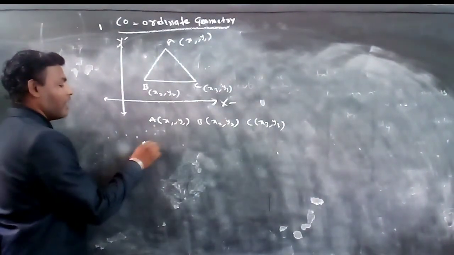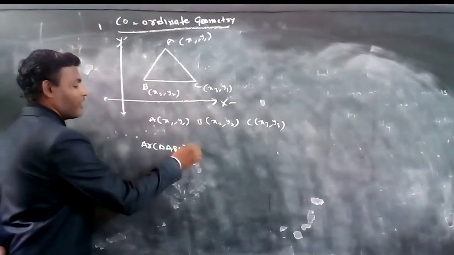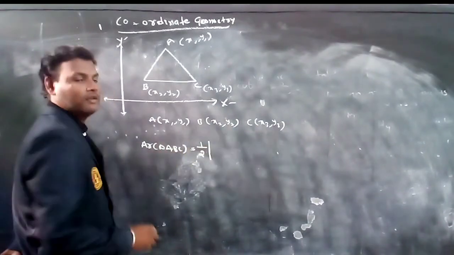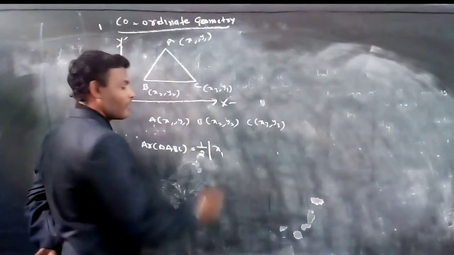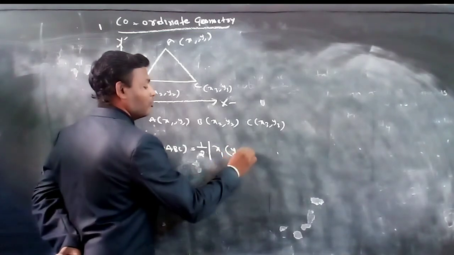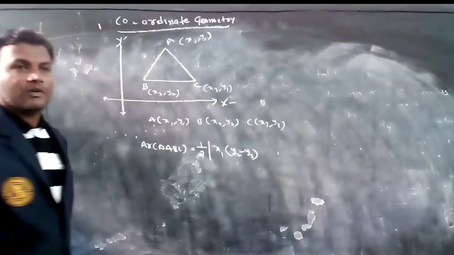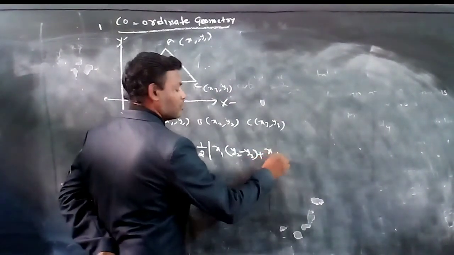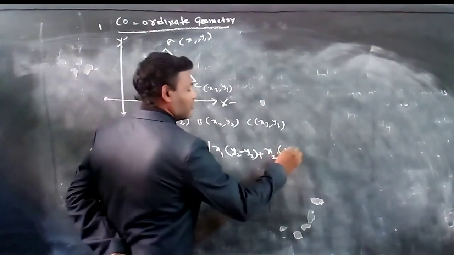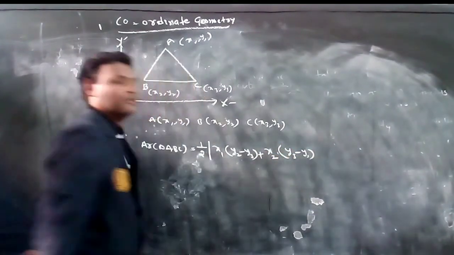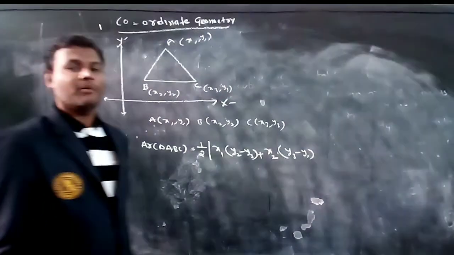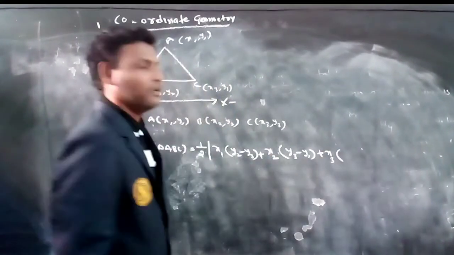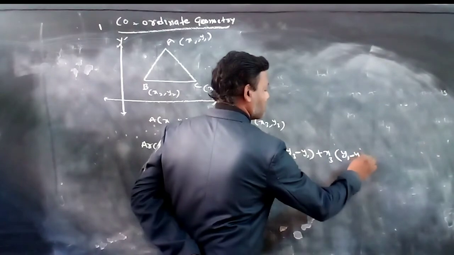To find the area of triangle ABC, the formula is 1 by 2 mod x1 bracket y2 minus y3 plus x2 bracket y3 minus y1 plus x3 bracket y1 minus y2.